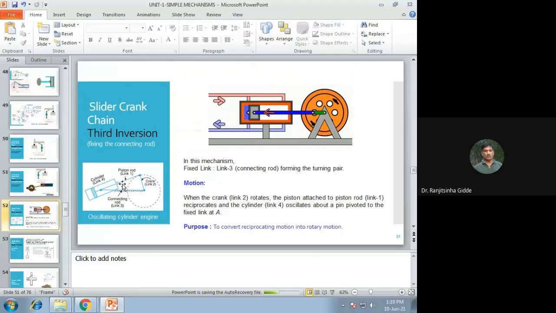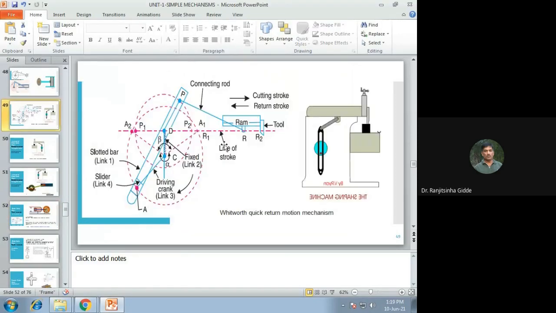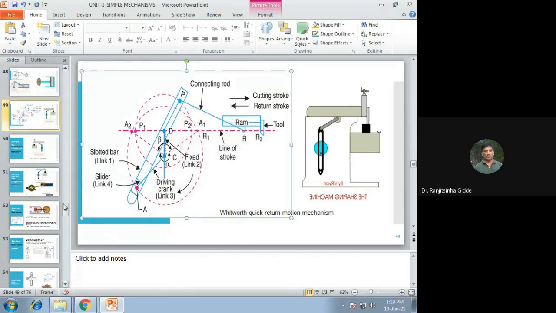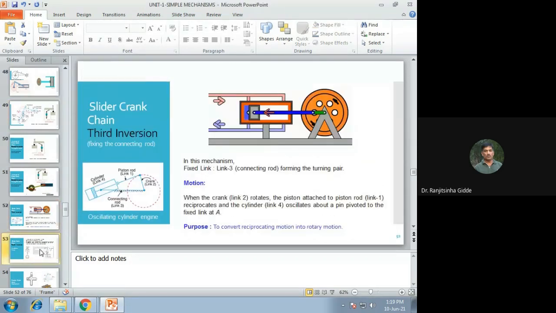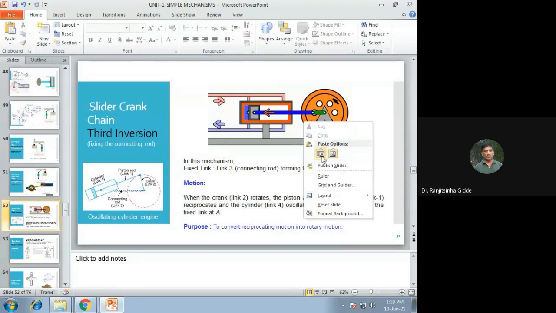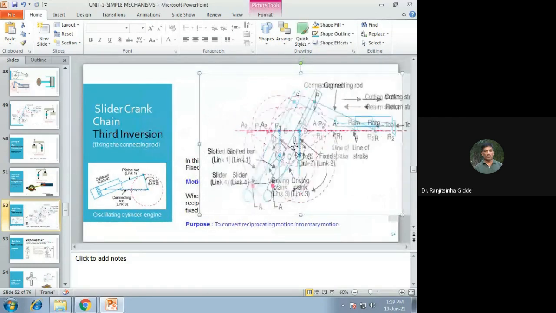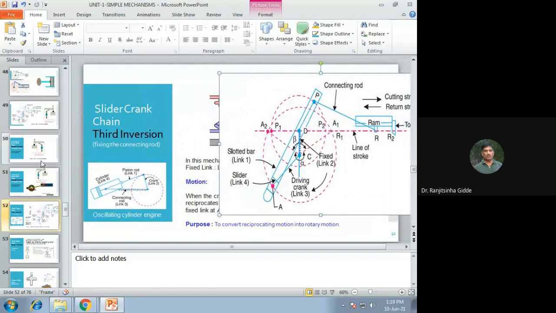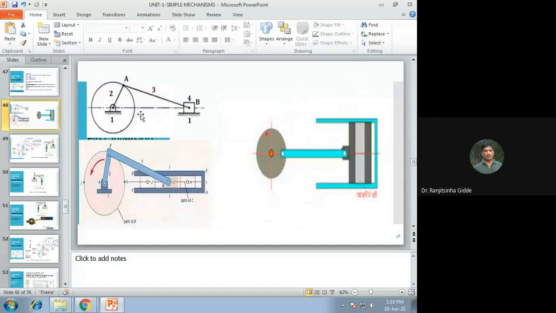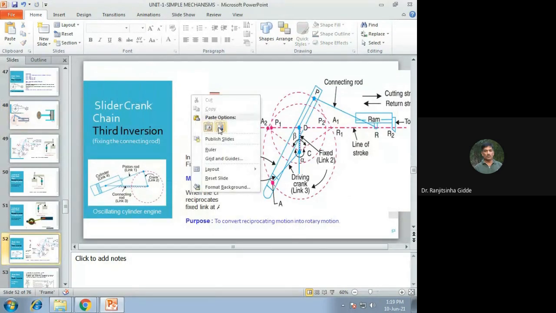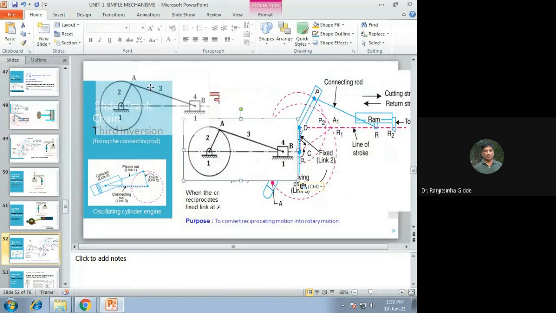So just give me some time, so that I will put all the diagrams on one slide. Then we will check other things. Okay.